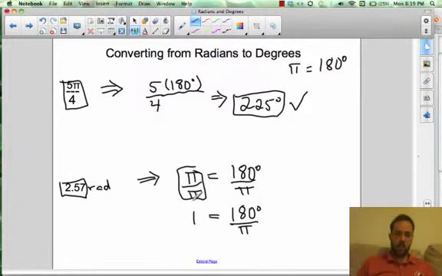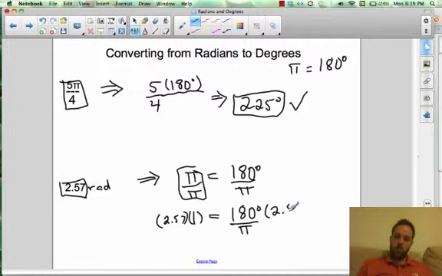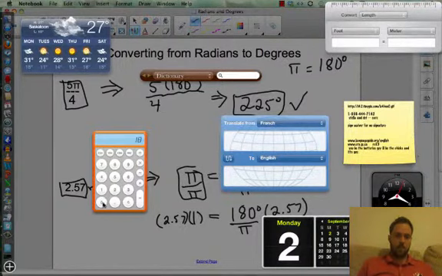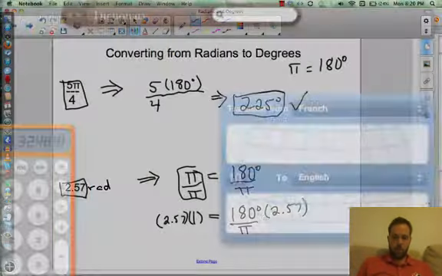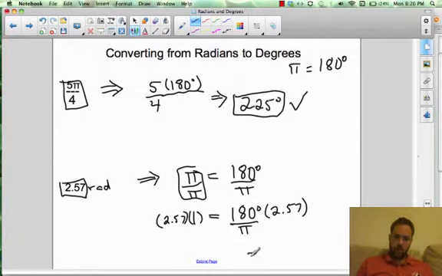So if we wanted to turn 1 into 2.57, we would multiply this side by 2.57. And if we do that, then we multiply the other side by the exact same value. 180 times 2.57, and then divide that by pi, 3.14, and we end up with 147.3. We'll round it off there.